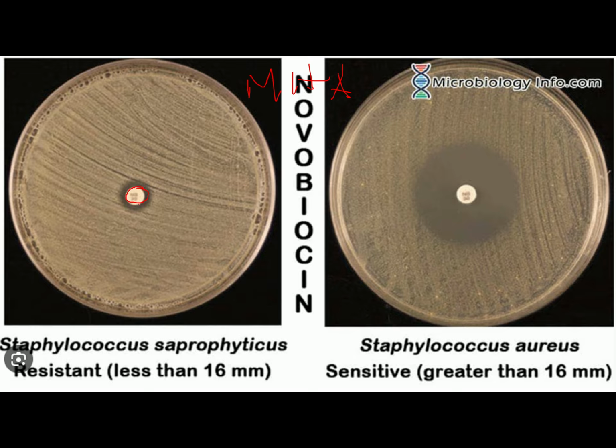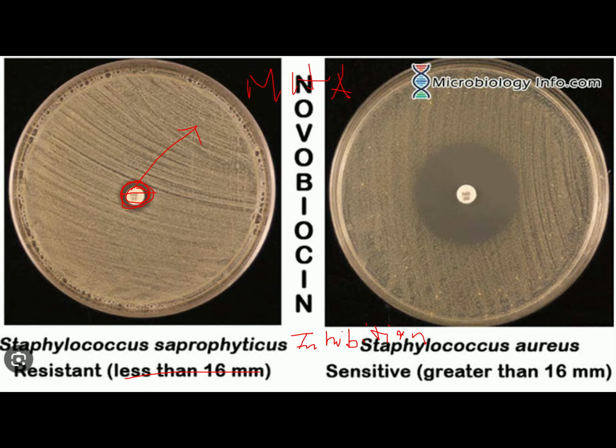Now, if the bacteria grows a zone of inhibition, when you say inhibition, it basically prevents the growth of bacteria, meaning you won't see any colonies. There's no colony present. If the zone of inhibition is less than 16 millimeters, this is the zone of inhibition, that circle. You measure the diameter. So if this is the circle, this is the zone of inhibition, you measure the diameter, the middle part.